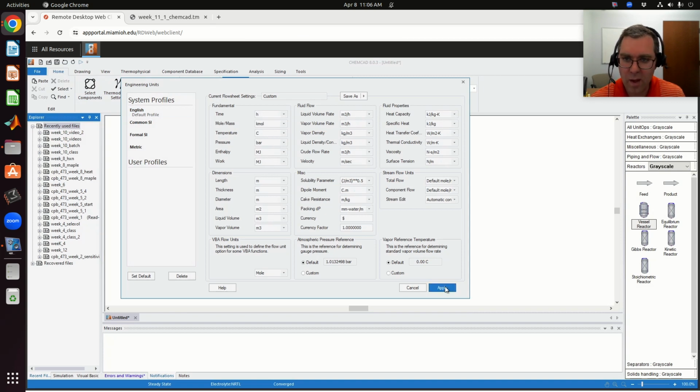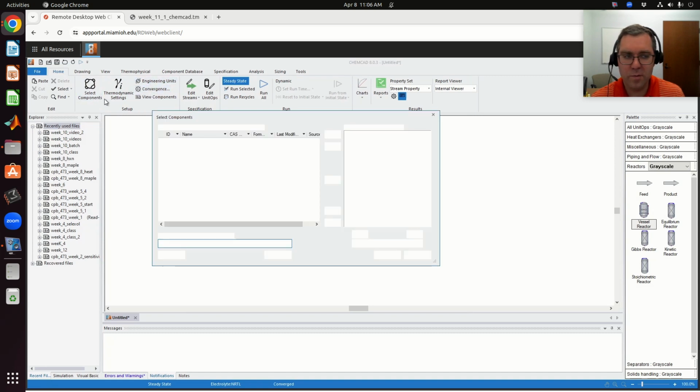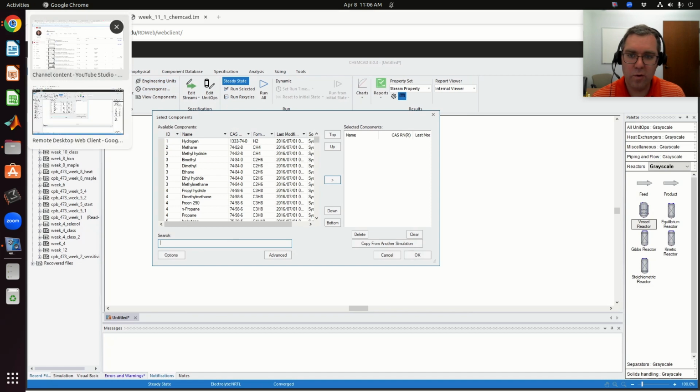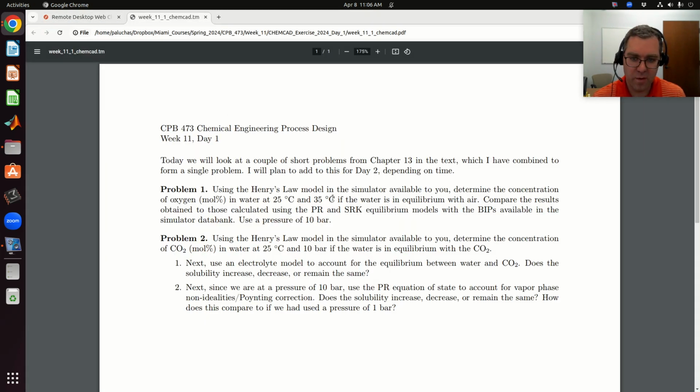In terms of components, we're told air. So we're going to have some feed stream, which is air. But here, we're trying to look at the absorption of a component, oxygen.